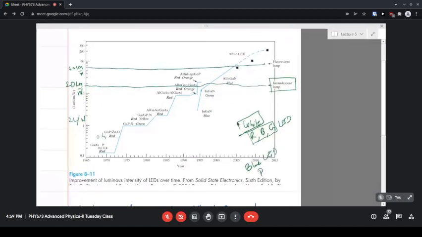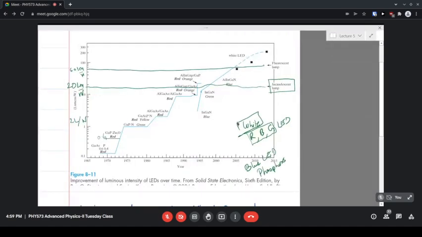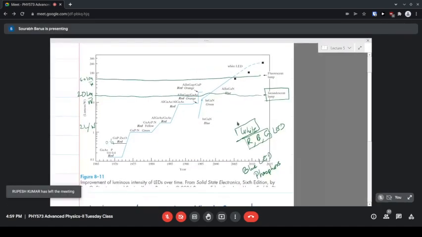Phosphors are materials which show phosphorescence, meaning if you shine light on them, like blue light, they can emit at larger wavelengths, like yellow, green, or yellow and red.